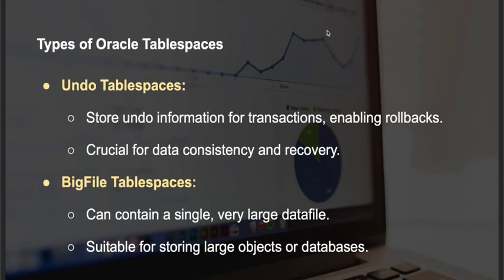It also reduces overhead, because it reduces the overhead associated with managing a large number of data files, such as space in the control file, reducing the amount of SGA space required for data file information.